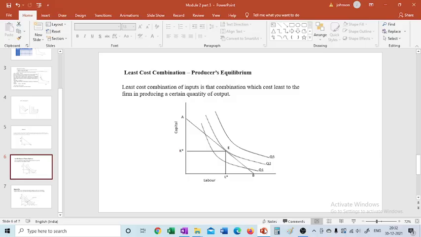But with a given amount of money, there will be only one iso-cost line. So when the isoquant is tangent to the iso-cost line, at that point we are attaining producer's equilibrium, or that will be the least cost combination. That is the maximum output with the least cost or with the available amount of money. So this is shown in this diagram.